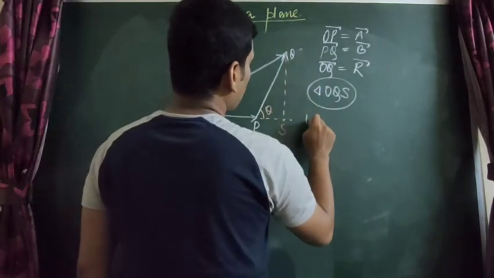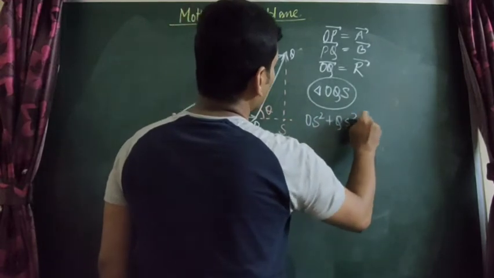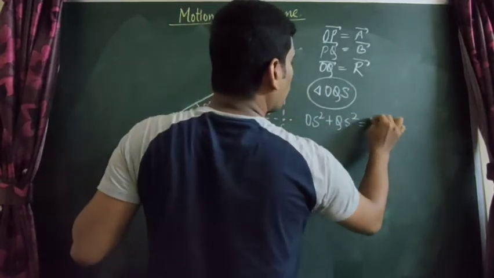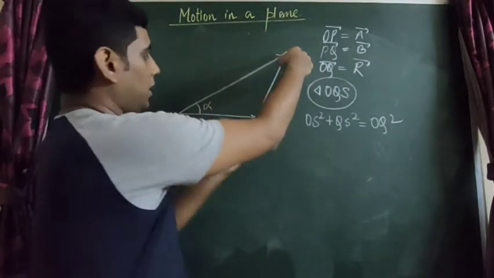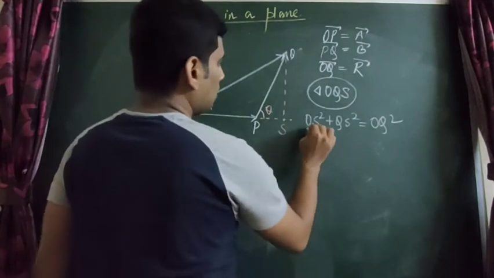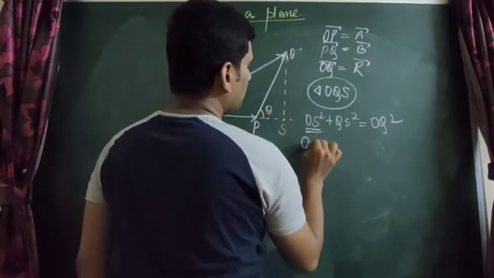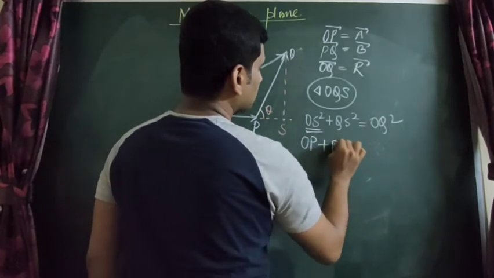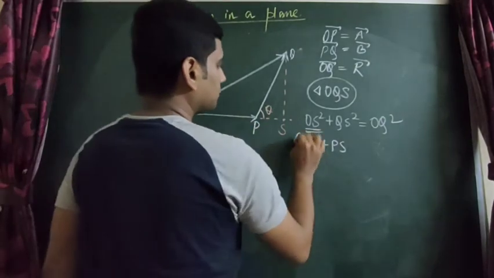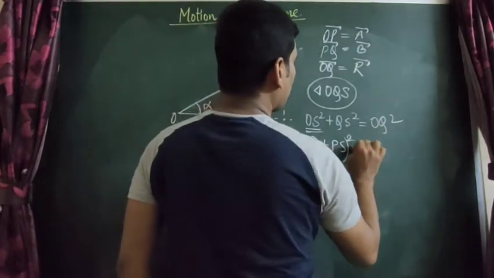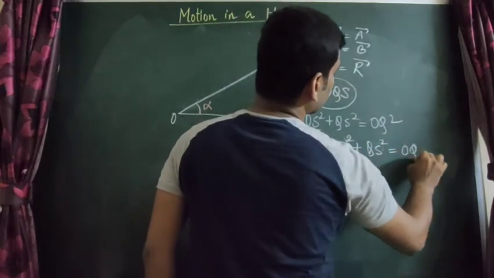From this, what can we write? OS square plus QS square equals OQ square. Now this OS can be written as OP plus PS, so (OP plus PS) whole square plus QS square equals OQ square.